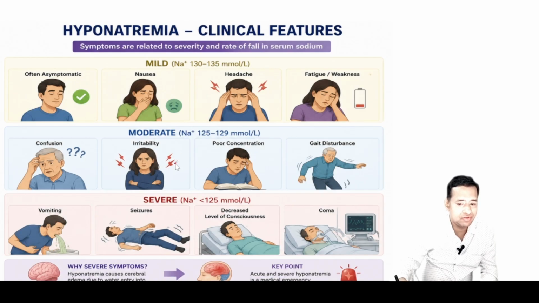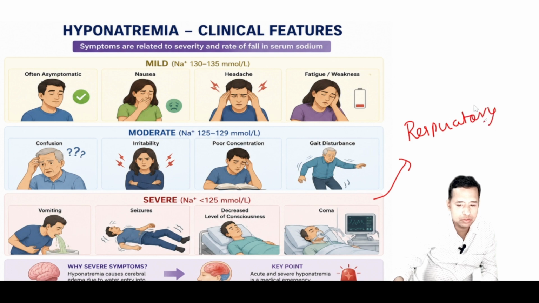In severe hyponatremia, seizures are most commonly presented, along with reduced consciousness, coma, respiratory arrest, and vomiting. Additionally, I will be writing here respiratory arrest.